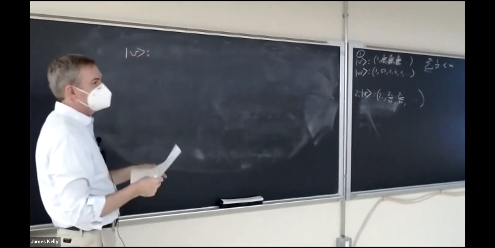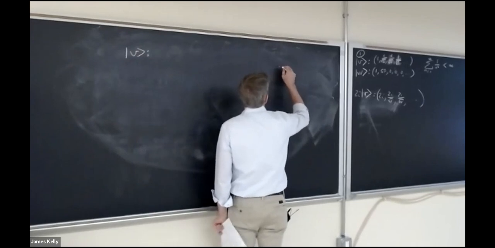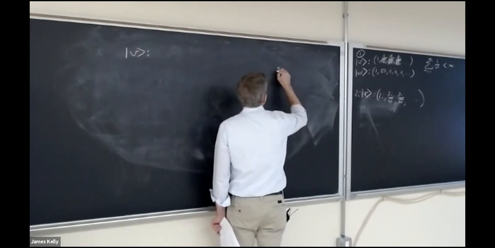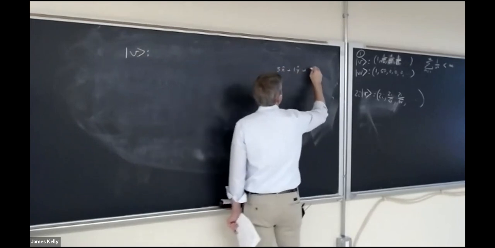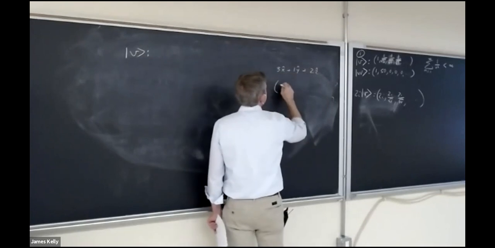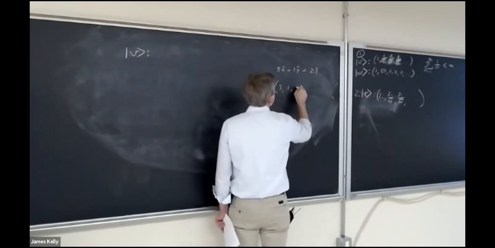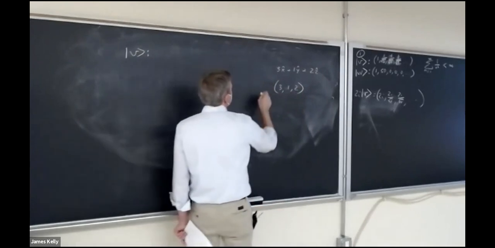It's just like saying, if I'm talking about a vector whose components are 3, 1, and 2, giving the numbers 3, 1, and 2 is like giving all the components of this vector.